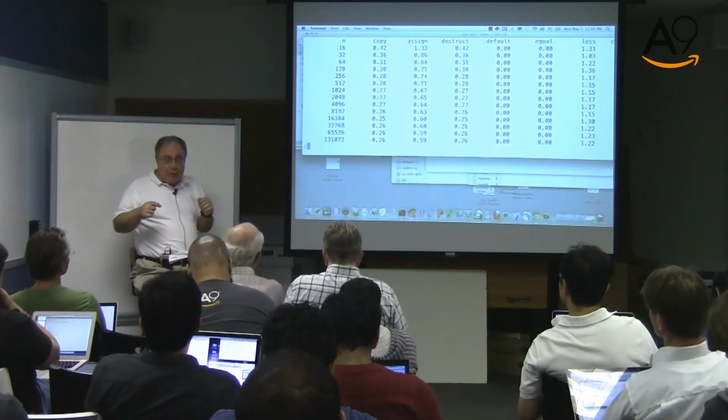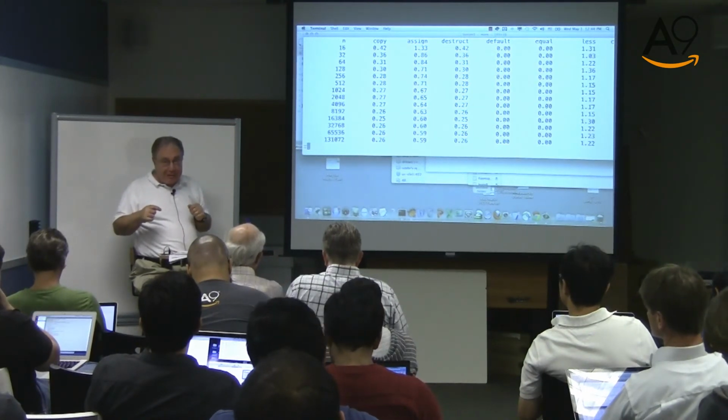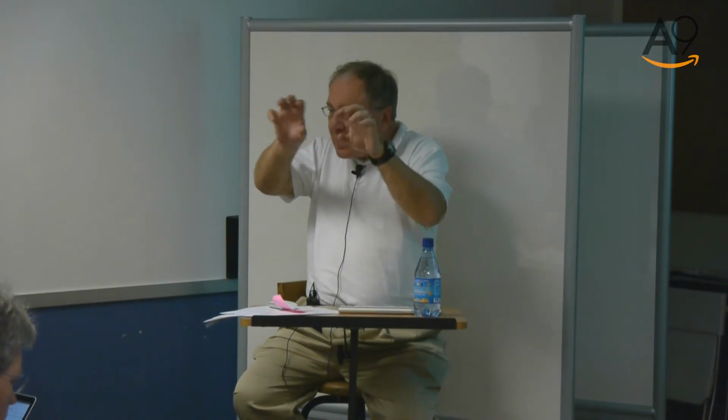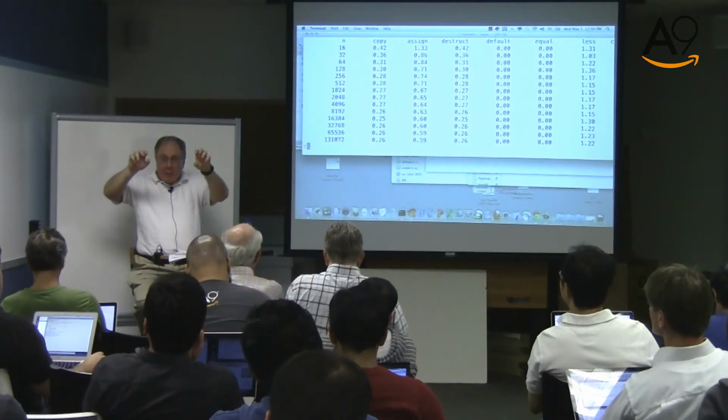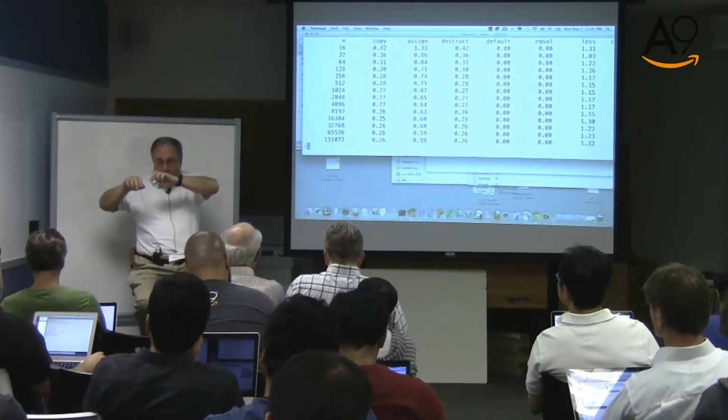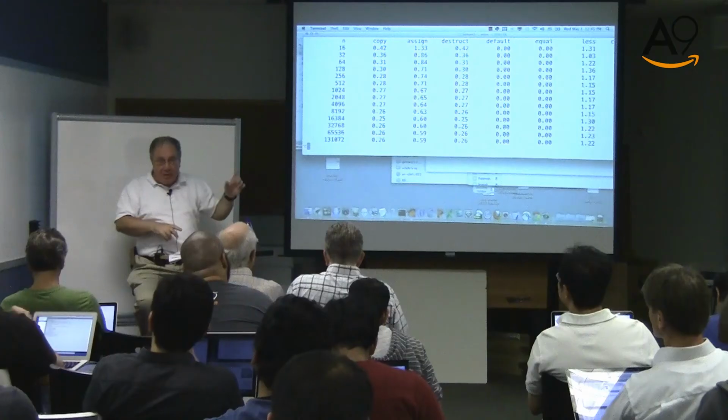Those of you who remember reading Knuth, you all should nod your head, even if you do not remember reading Knuth. In the beginning of the first volume, when he introduces complexity, he says, how do we measure complexity? We measure it as a function where we have different coefficients for different operations. So many of this, so many of this, so many of this, and so many of this.